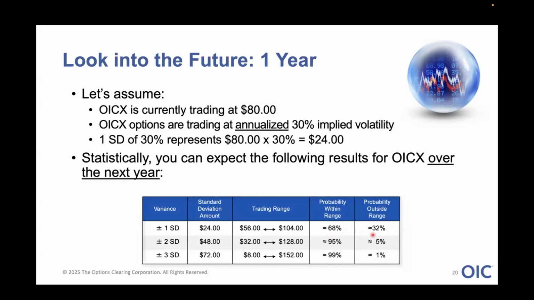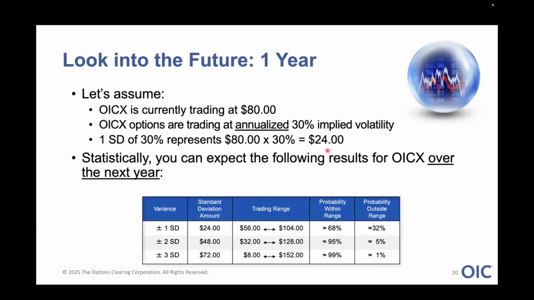Then naturally it has a 32% chance of trading outside that range, either above 104 or below 56, because these probabilities have to add up to 100. Because a year from now, the stock's going to be somewhere, right? It's either going to be below 56 or above 104 or somewhere in between.